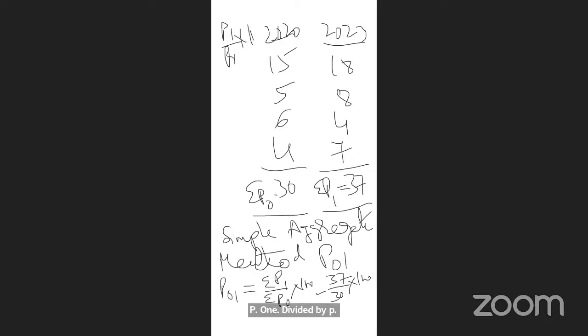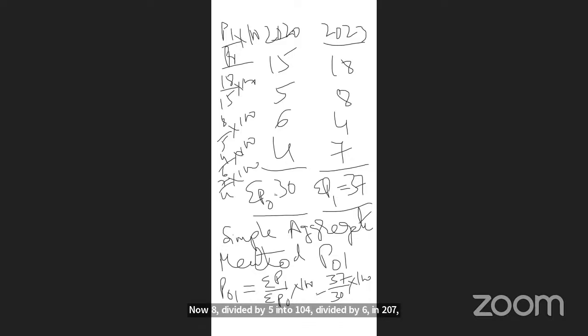This we will call the price relatives. That means 18 divided by 15 into 100, 8 divided by 5 into 100, 4 divided by 6 into 100, 7 divided by 4 into 100. Work out the values.